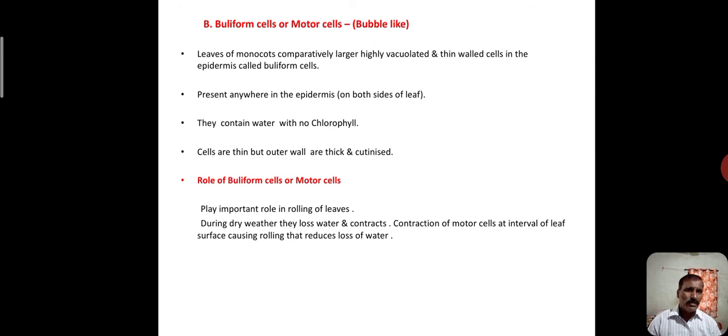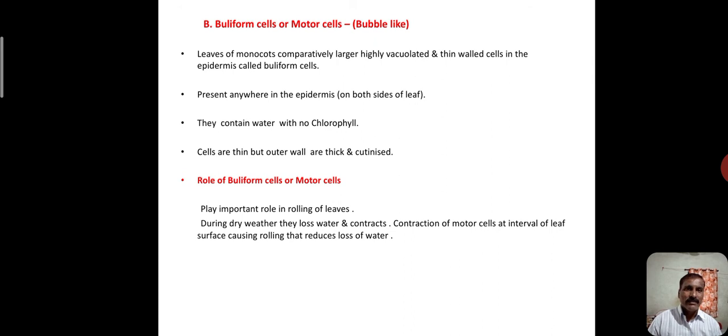The leaves of monocots have comparatively larger, highly vacuolated and thin-walled cells in the epidermis, which are called bulliform cells. These can be present anywhere in the epidermis, that means on both sides of the leaf, in both the upper and lower epidermis.